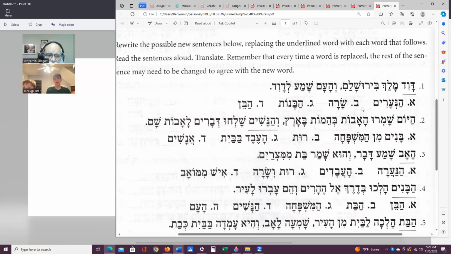Okay? So I just want you guys to be able to understand how to write the plural words and to recognize singular from plural, masculine from feminine when you do that. That's what this exercise essentially is about. Now, you can do them all.